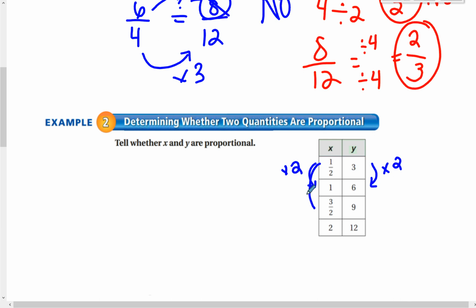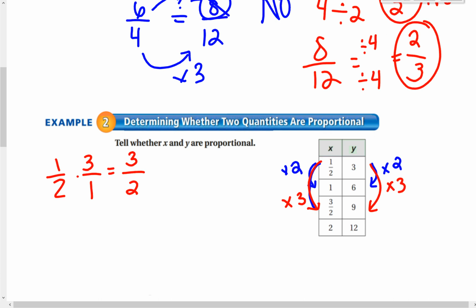1/2 to 3/2. Well, 1/2 times 3 is 3/2, because 1/2 times 3 over 1 equals 3 over 2. So 1/2 times 3 is 3/2; is 3 times 3, 9? Yep.